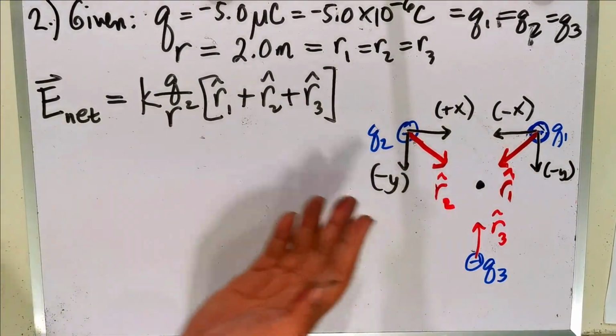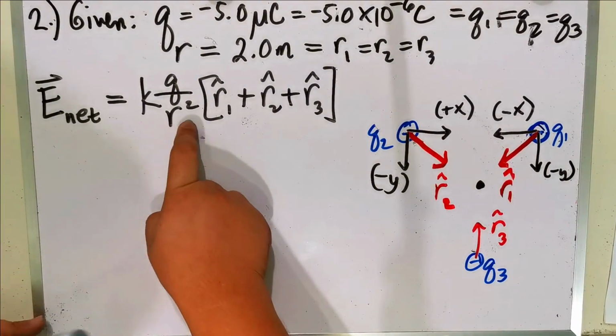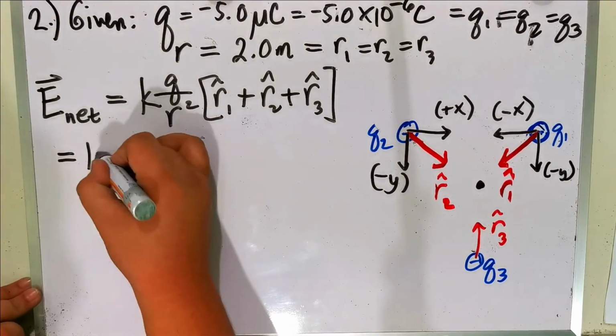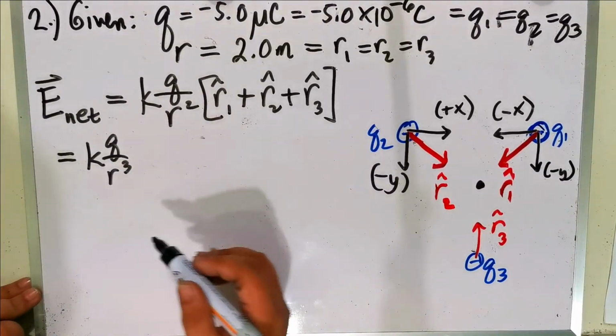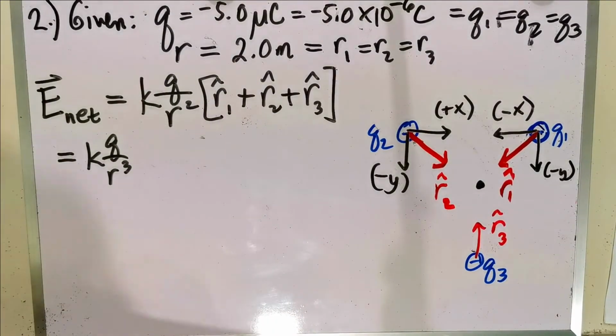So, pwede na ito i-factor out ang R, then ma-cube na nindire sa itong equation. This is now kQ over R cube, and this would then be ang mabilin nga terms.